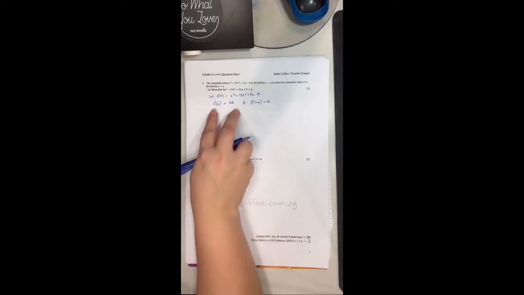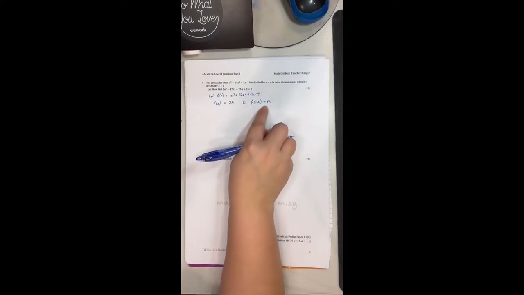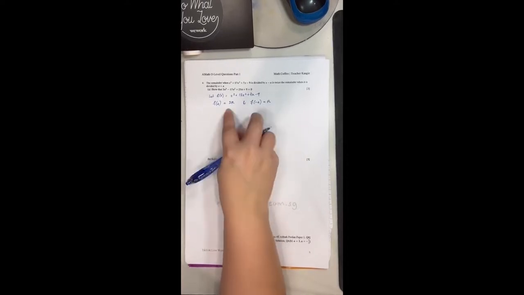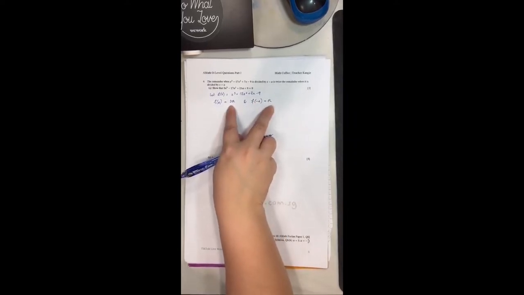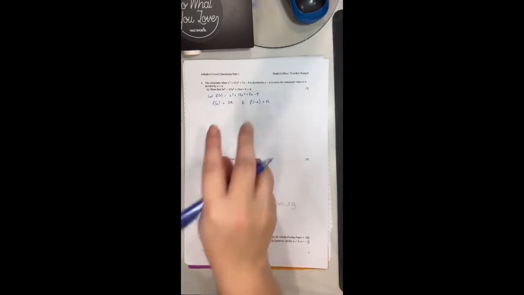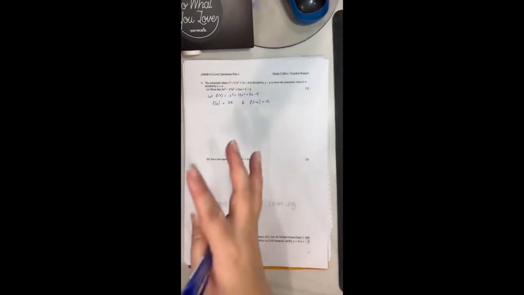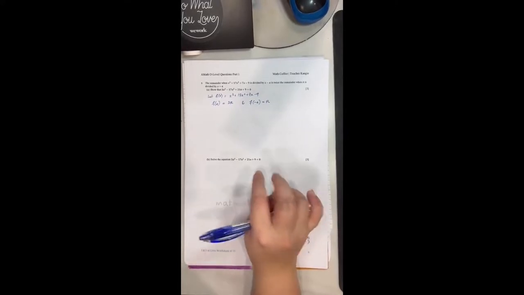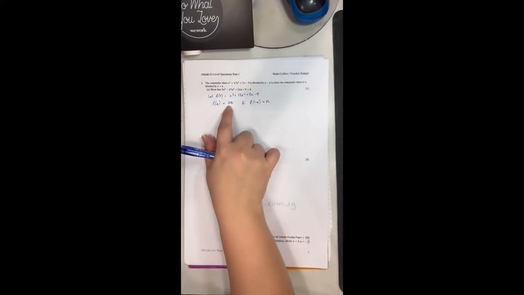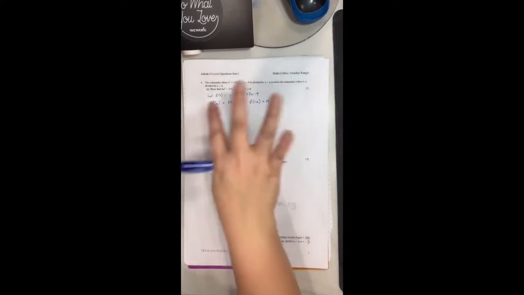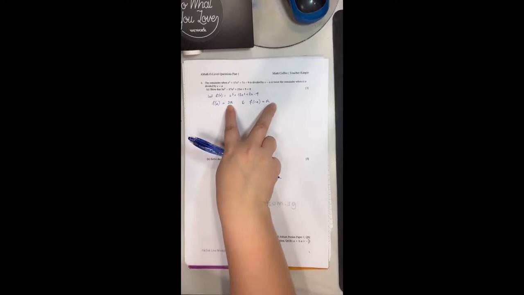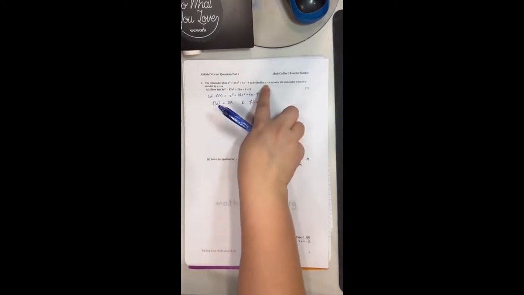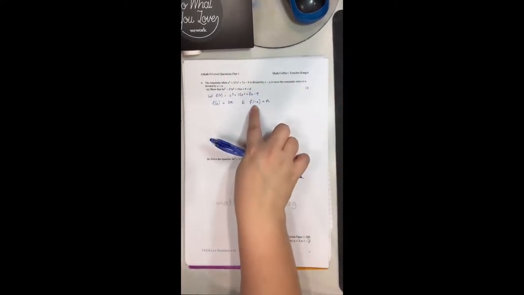So f(a) is 2r and f(minus a) is equal to r. The r is just a remainder, it represents the remainder. We don't know what the remainder is. I just let it be 2r to show that the difference is twice. Yes, let r be the remainder, because they say the remainder when divided by x minus a is twice the remainder when divided by x plus a.